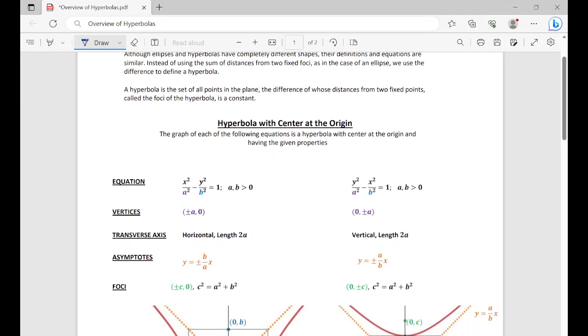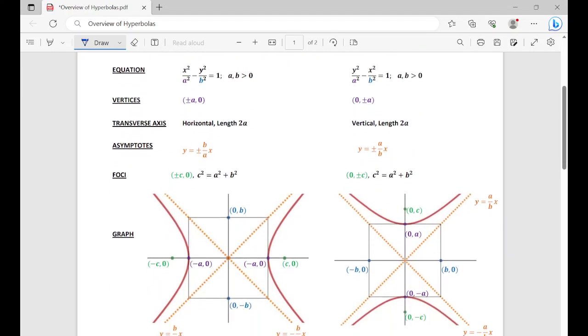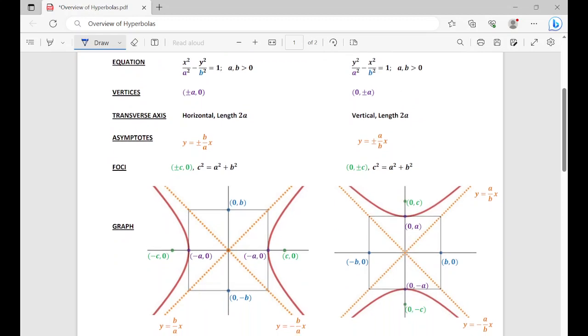So first off, we're going to look at a hyperbola with a center at the origin. So there are two. We'll work with the one on the left, then the right. So here on the left we have the equation x squared over a squared minus y squared over b squared equals 1, where a and b are both positive numbers.